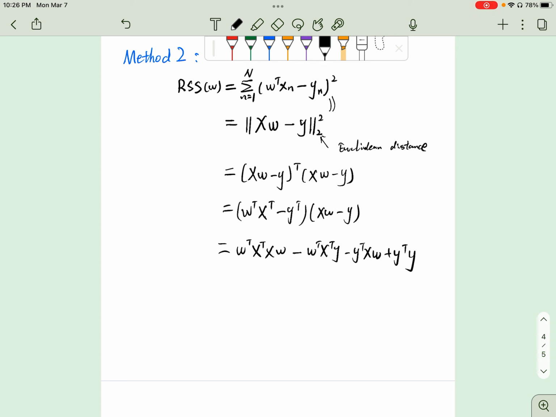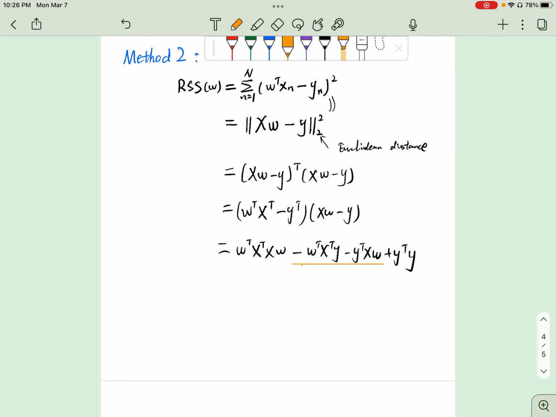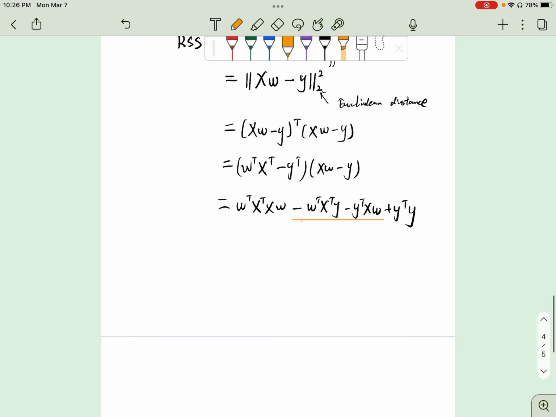Okay, let's see what these two terms are. So we know that omega is a vector, and I take its transpose, it will be a row vector like this. And this capital X is a matrix.